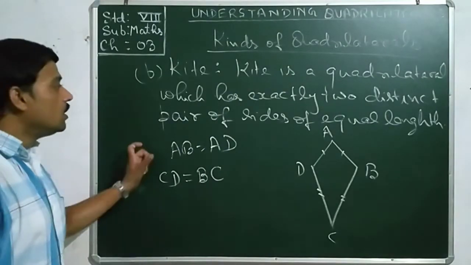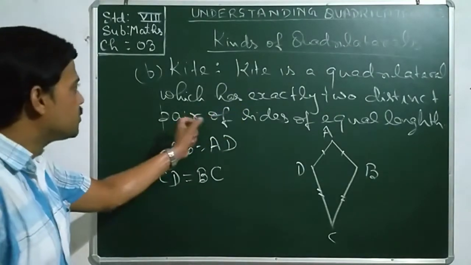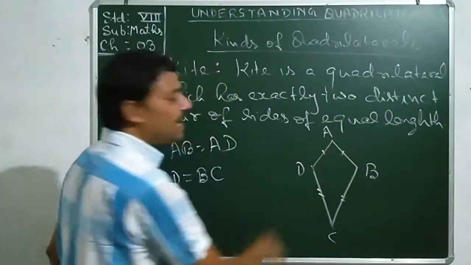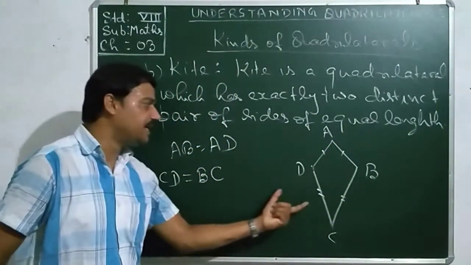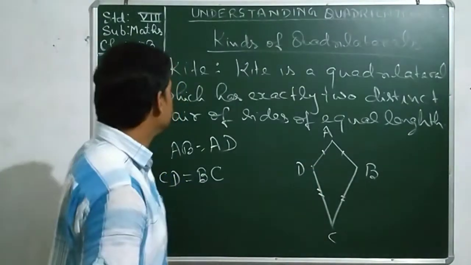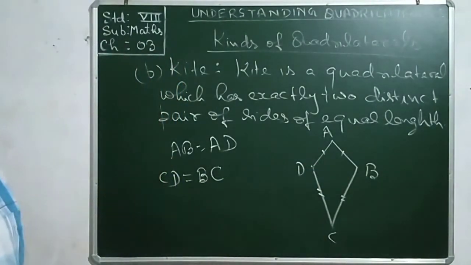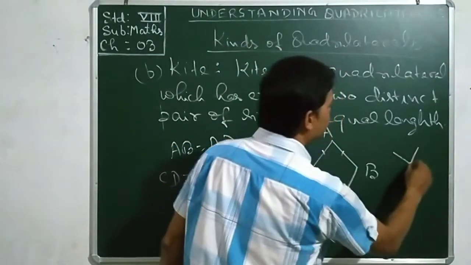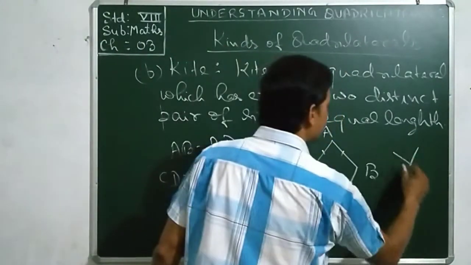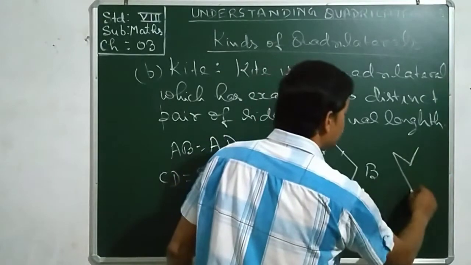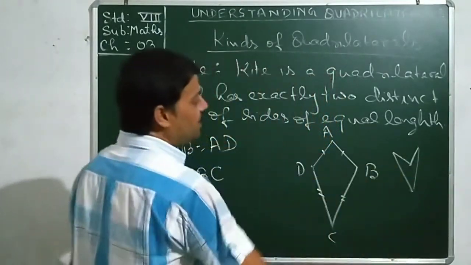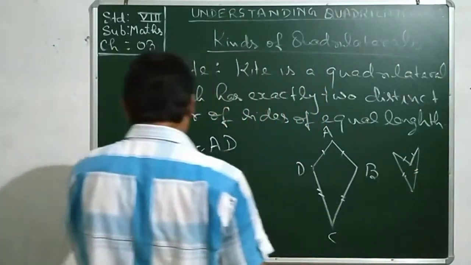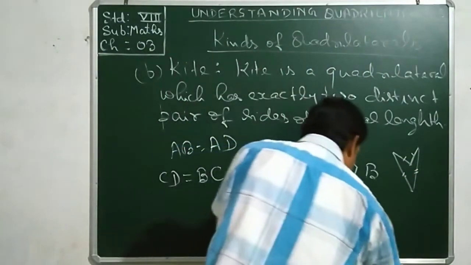Take care, these are distinct pairs. One pair is AB and AD, and another pair is BC and CD. So we will call this figure a kite. Take another example. We can draw the concave shape also. This will also be known as a kite if these two sides are equal and these two sides are also equal.